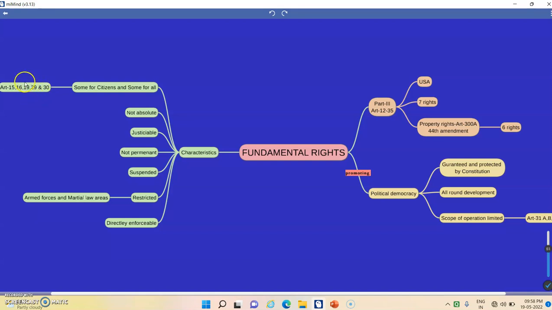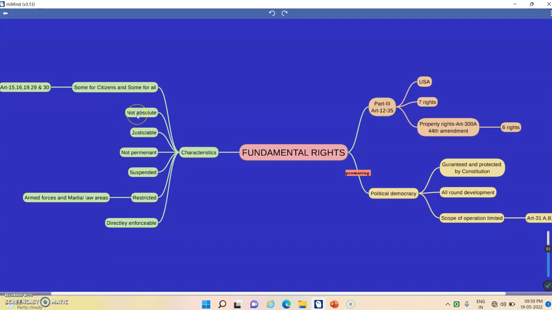Article 19 is rights for personal liberty, and 29 and 30 are cultural and educational rights. These rights are always available only to citizens. The remaining rights are available to all people living in India.